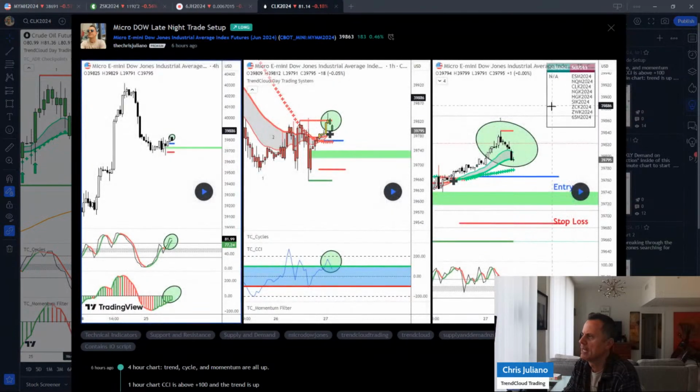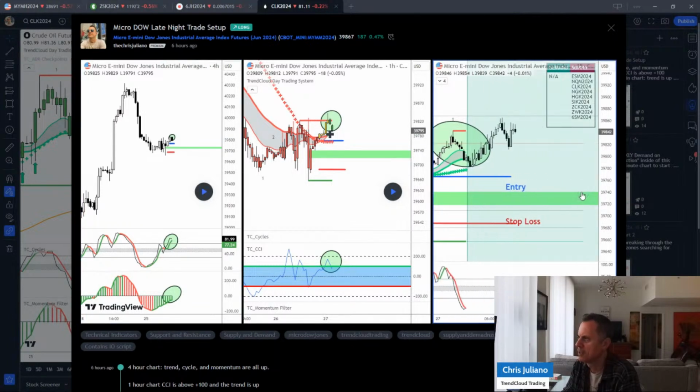It worked out, but it didn't trigger, right? It didn't pull back to my exact zone, but it did exactly what I said it was going to do, right? Or TrendCloud, right? TrendCloud did.